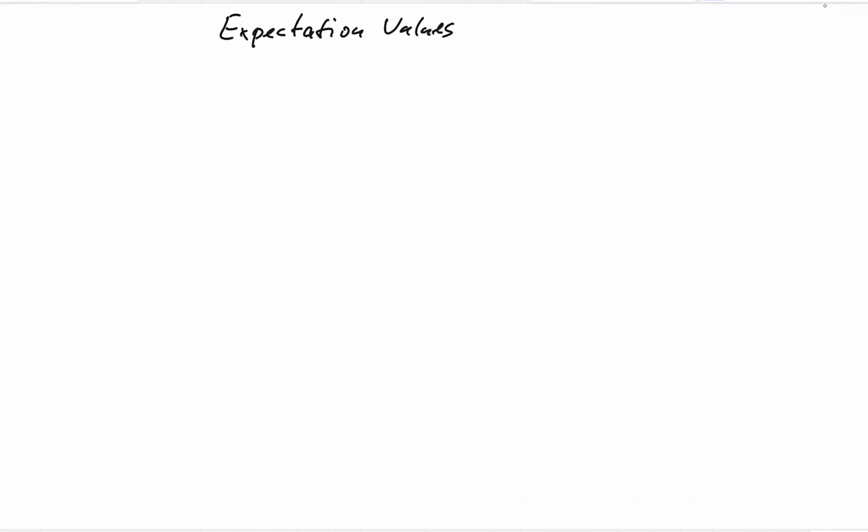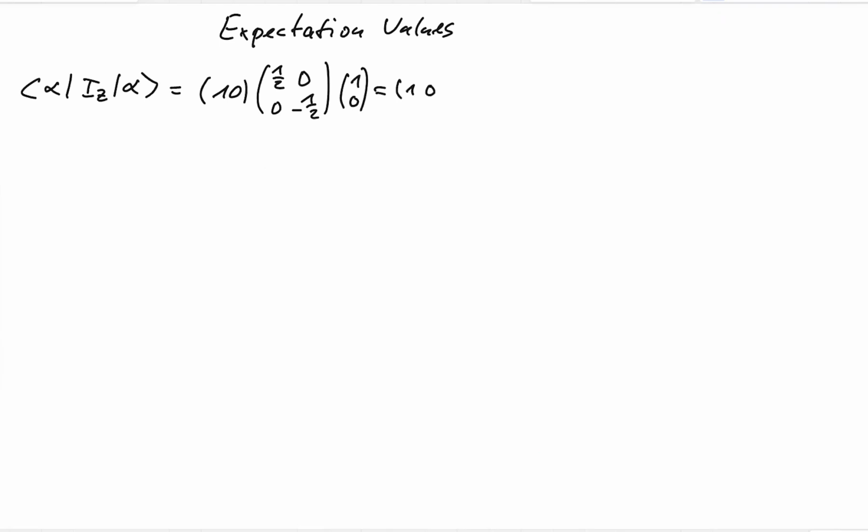And well, here we have alpha Iz alpha, which is simply (1, 0) times the matrix (1/2, 0; 0, -1/2) times the vector (1, 0). That is (1, 0) times (1/2, 0), which equals 1/2.